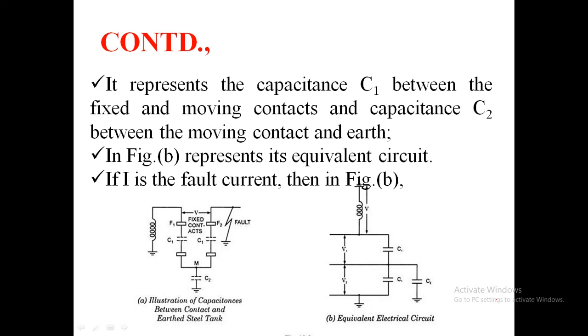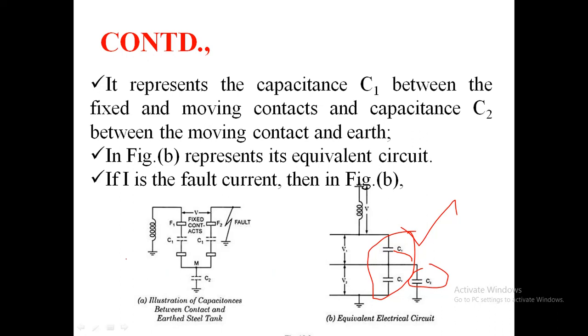We are going to consider the equivalent circuit which is presented here, where C1 represents the capacitance between the fixed and moving contact, and C2 represents the capacitance between the moving contact and the earth.